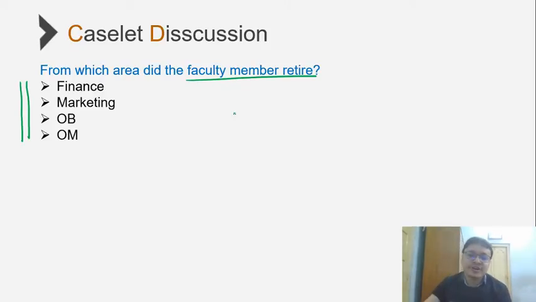For example, the first question said, from which area did a faculty member retire? So all you need to do was look at which department has a double dip.